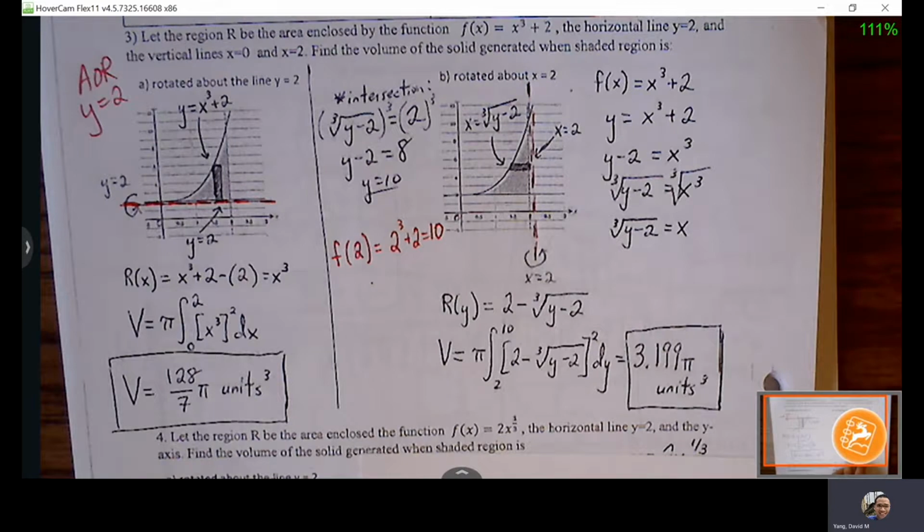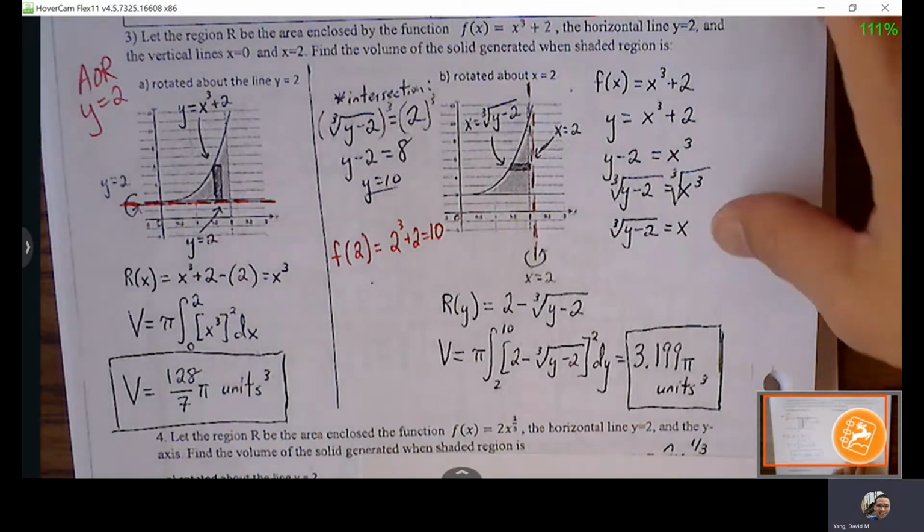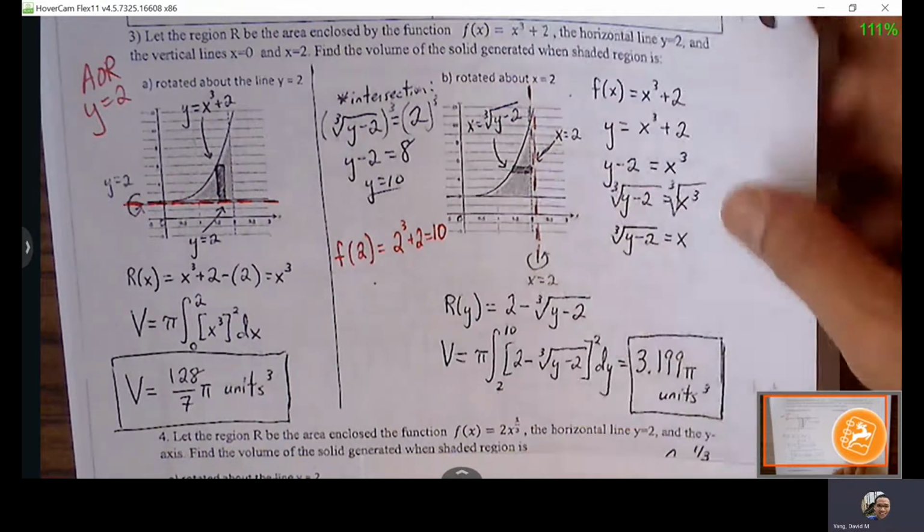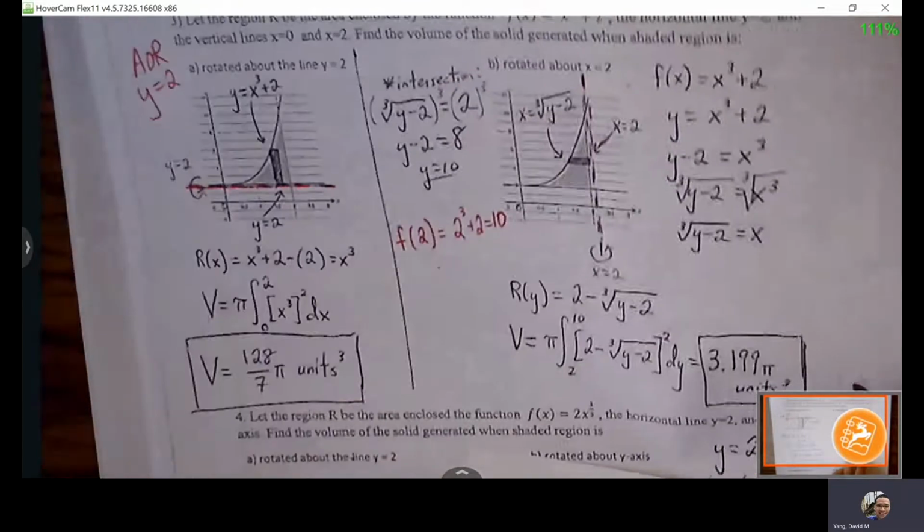Okay, practice entering into your calculator parentheses around the entire radius expression before you square it. Okay, let me come around to see if you have any questions.